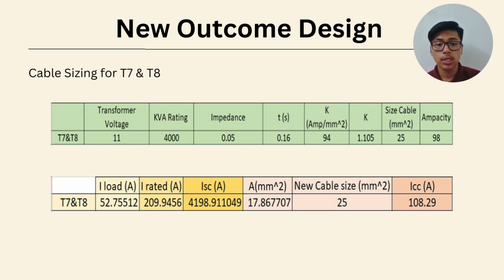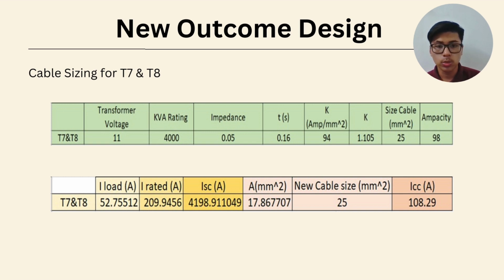In the second table, we can see the I load that we have already calculated is 52.75 ampere, and the rated current at the transformer is 209.95 ampere, and the short circuit current is 4198 ampere, with the cross sectional area of 17.87 millimeter square.